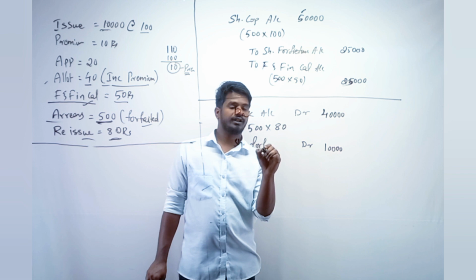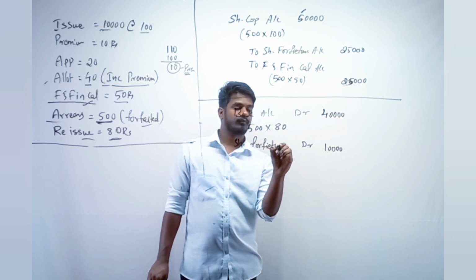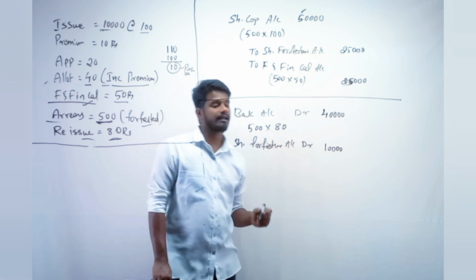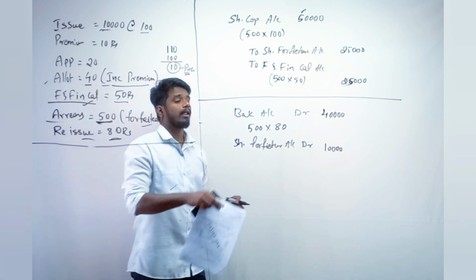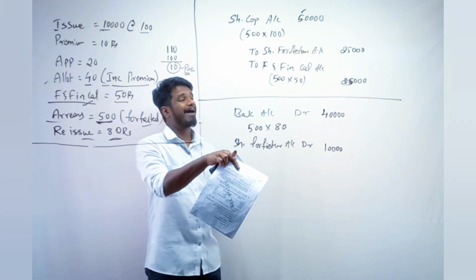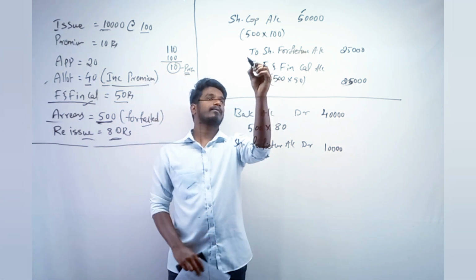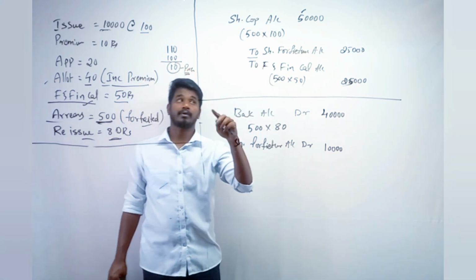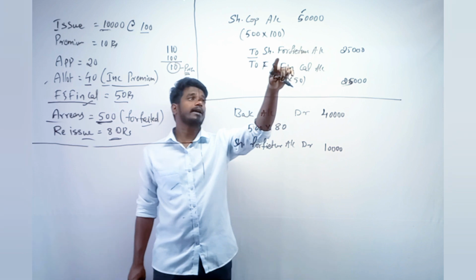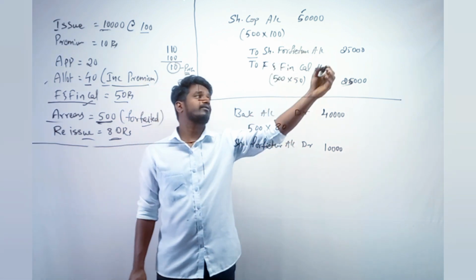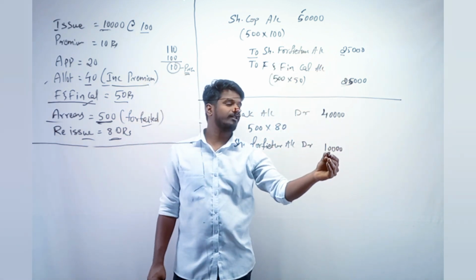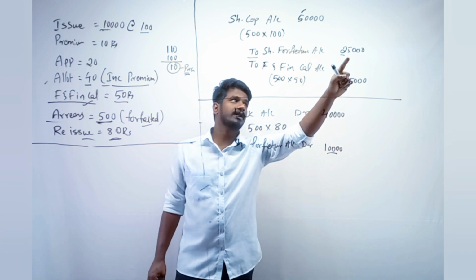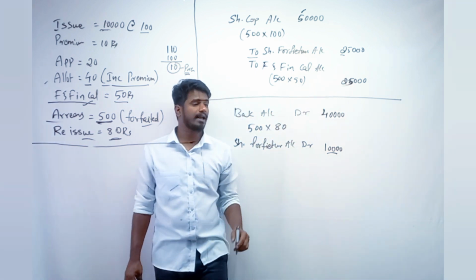Share forfeiture account. We will cover it from the amount which we have already received while forfeiting. Correct. In application and allotment we have received some amount for the cancelled shares, right? It is 25,000 and we need 10,000 only. The remaining 15,000 is balance.